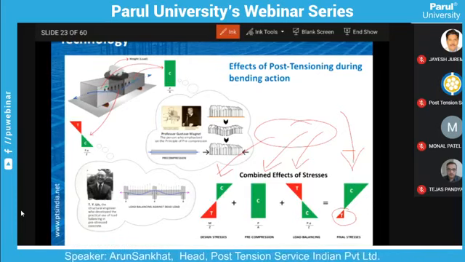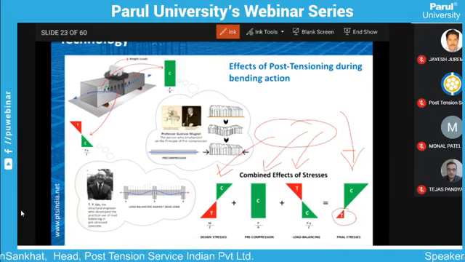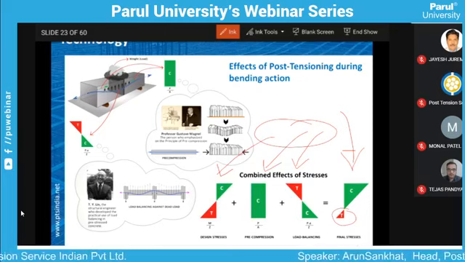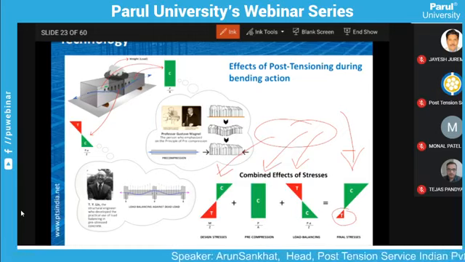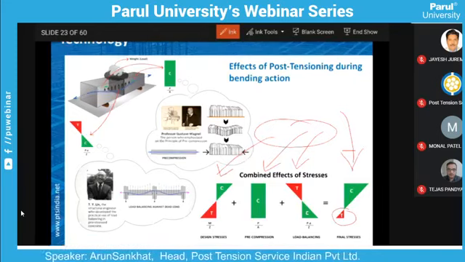Up to that, we can permit, and we can economize the structure, or we can have a better, more durable structure, because once the tensile stresses are less, your cracking in the concrete will be less, and ultimately your reinforcement will be protected. And once your reinforcement is protected, your durability aspects are better.